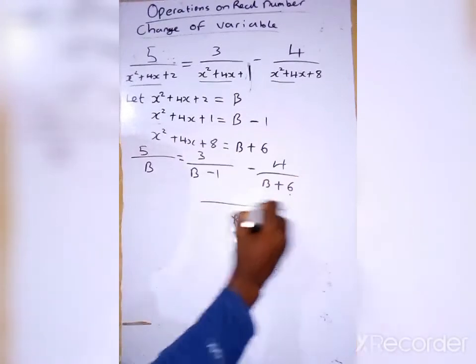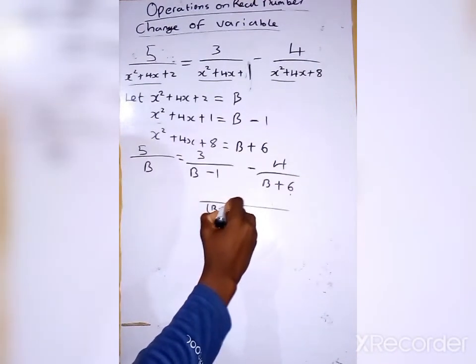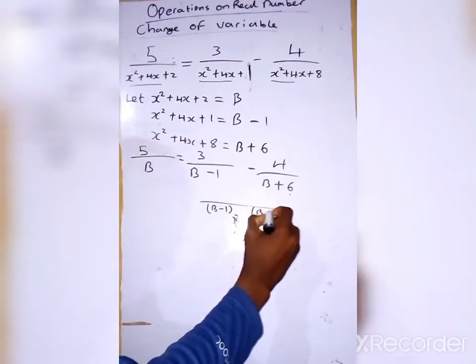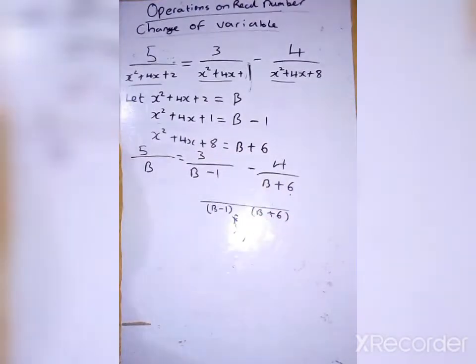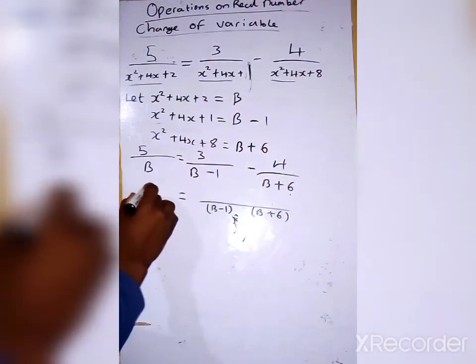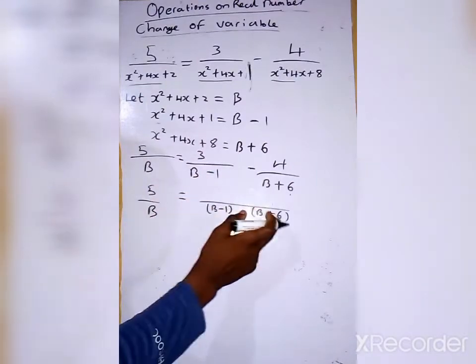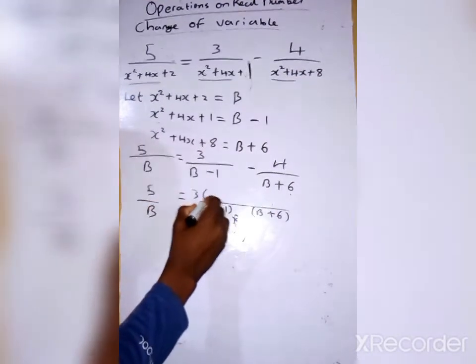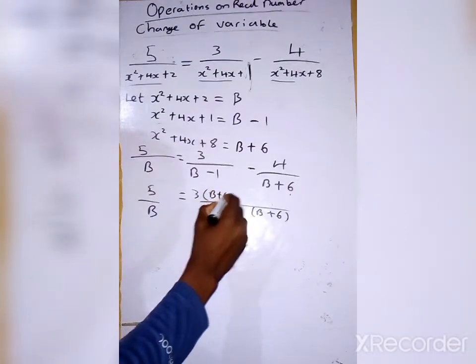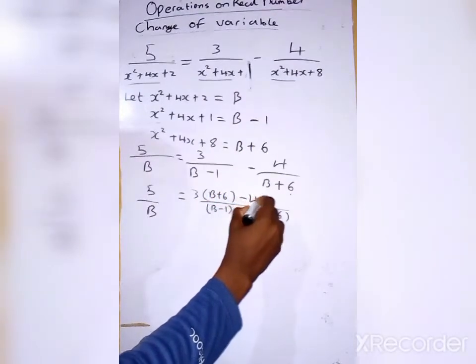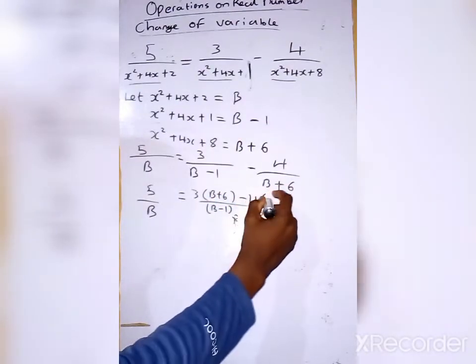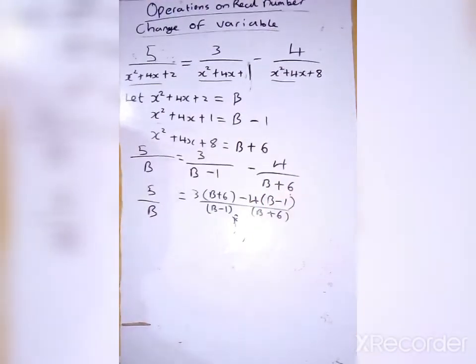The next thing we will find is b minus 1 times b plus 6, equals 5 over b. Now we cancel this and multiply by this. We have 3 into bracket b plus 6 close bracket, minus 4 into bracket b minus 1.